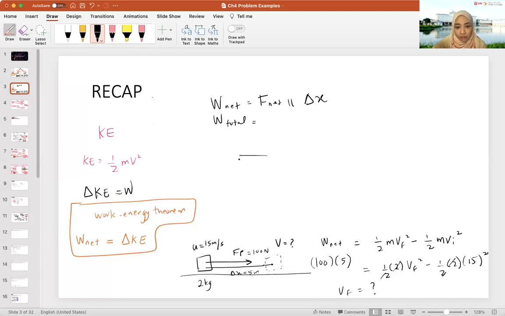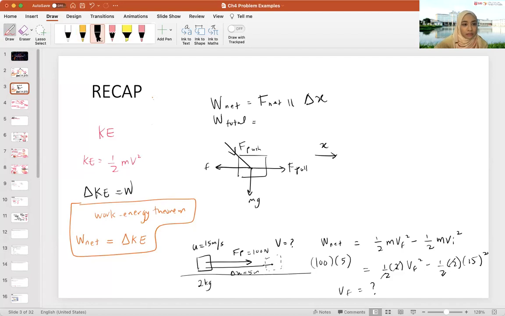So if I have a box and I have like all these forces, FP, and I have this is FP juga lah kot. This is pull, this is push. And what else? I have friction going this way because my motion is this way. This is my X. So I want to know what is the net work done.